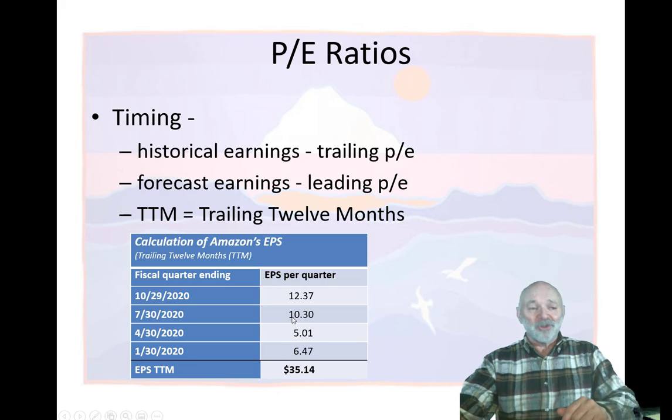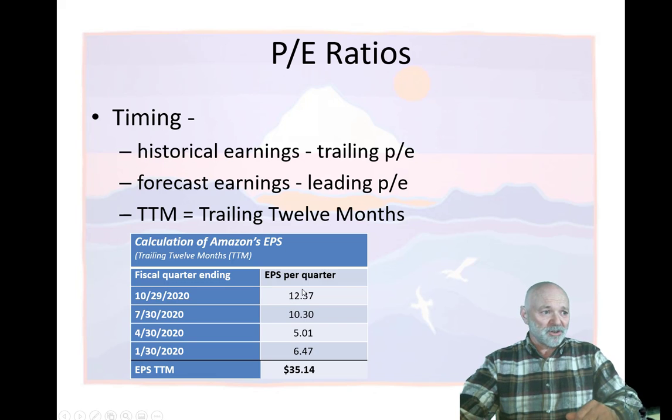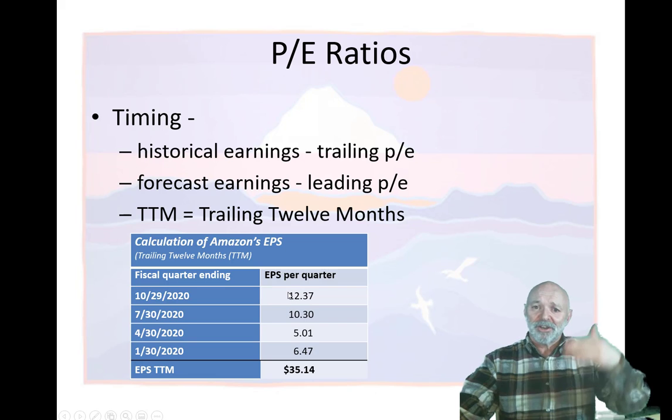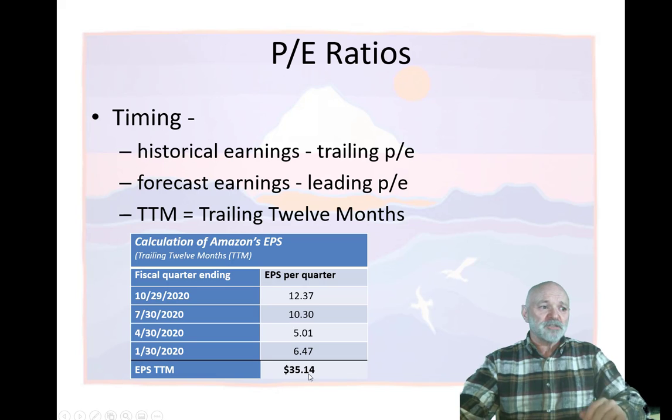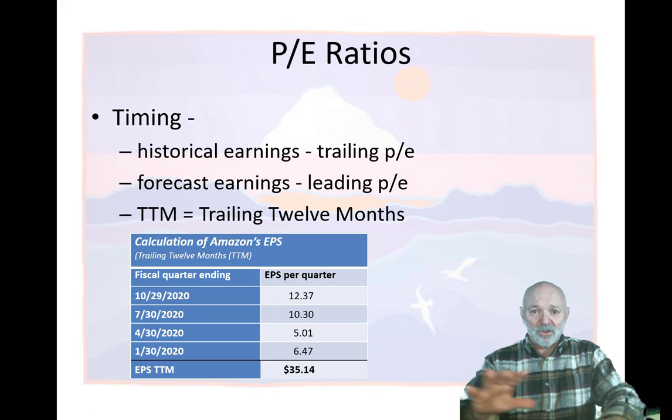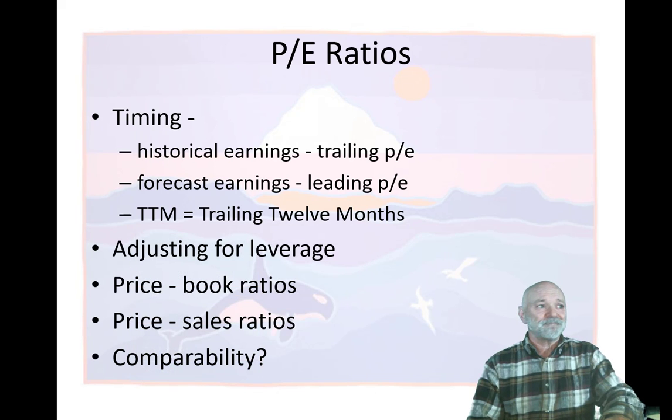Number one, the earnings per share has improved a lot over the previous year. So the earnings per share is rising. Our earnings per share for the trailing 12 months is $35.14. So that news would make us expect that, unless the share price is really going up, the price earnings multiple would be coming down. In fact, that's what we see.